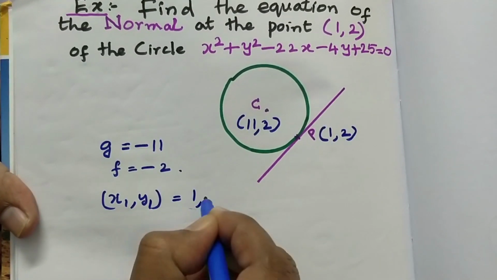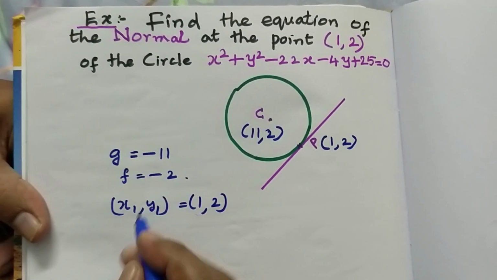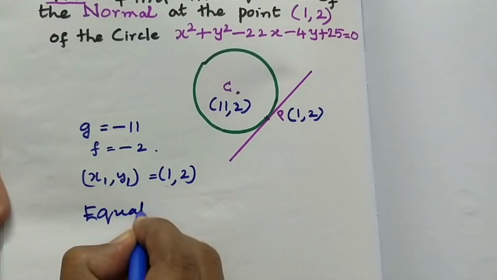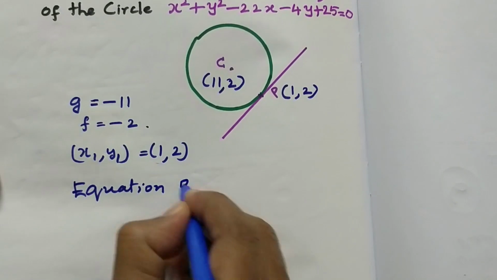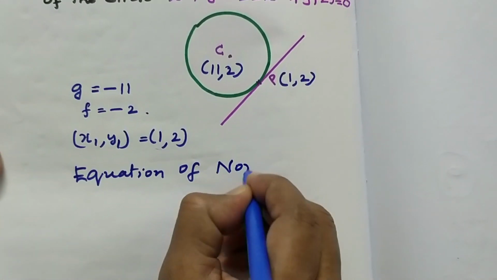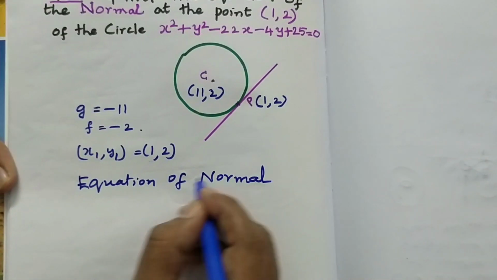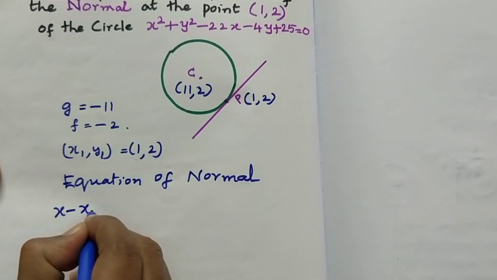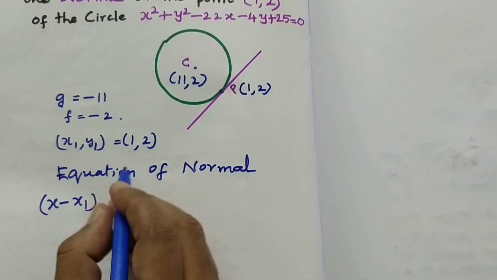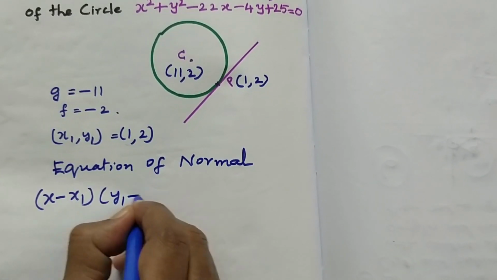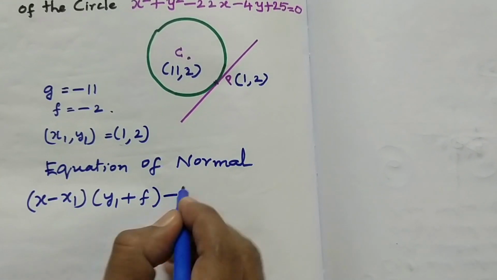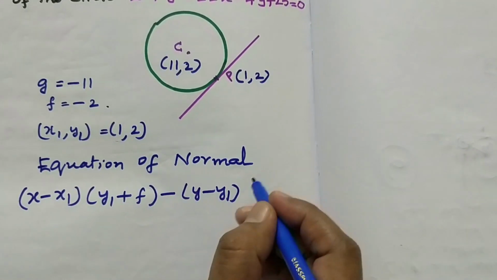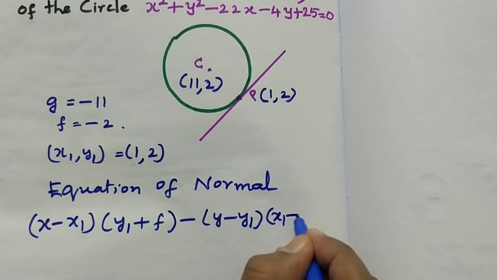What is the equation of normal? Come on, tell me. That is (x minus x1) into (y1 plus f) minus (y minus y1) into (x1 plus g) is equal to 0.